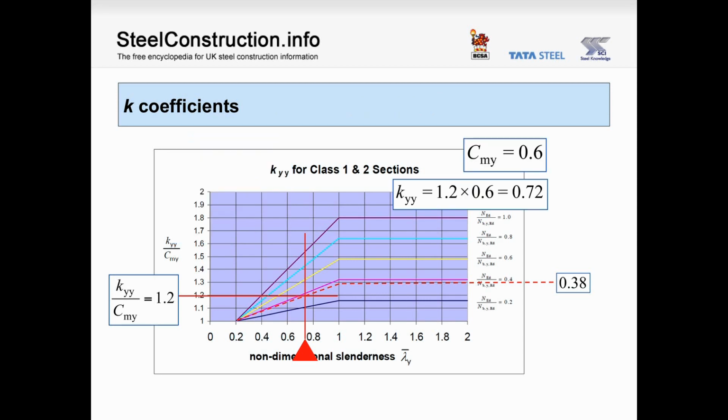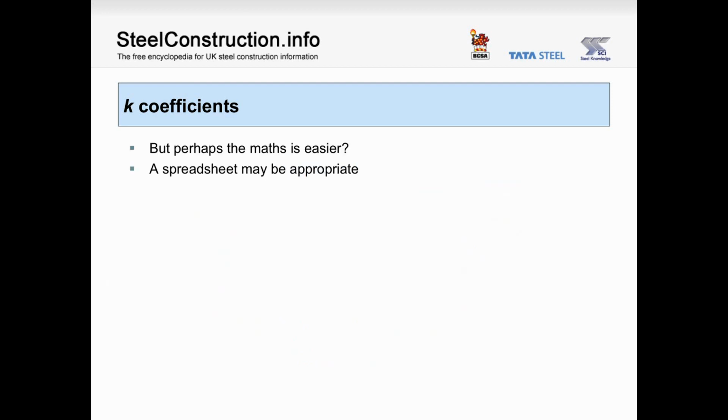We know what cmy is, it's 0.6, so we can establish that kyy is 1.2 times 0.6, which is 0.72, conveniently the same as we calculated previously. My observation is that the maths is probably easier. If you're doing this a number of times, I recommend that you put Annex B into a spreadsheet.